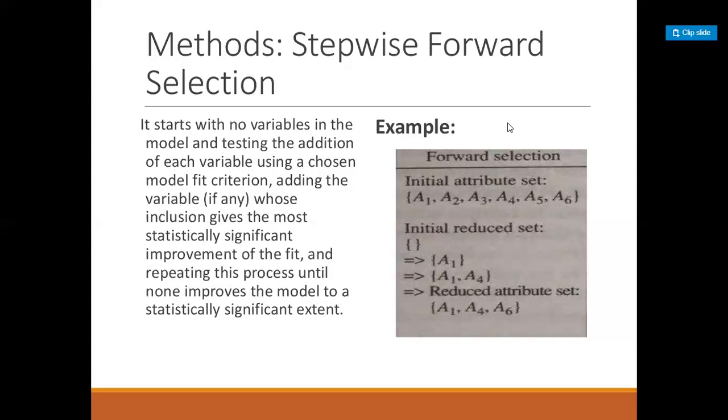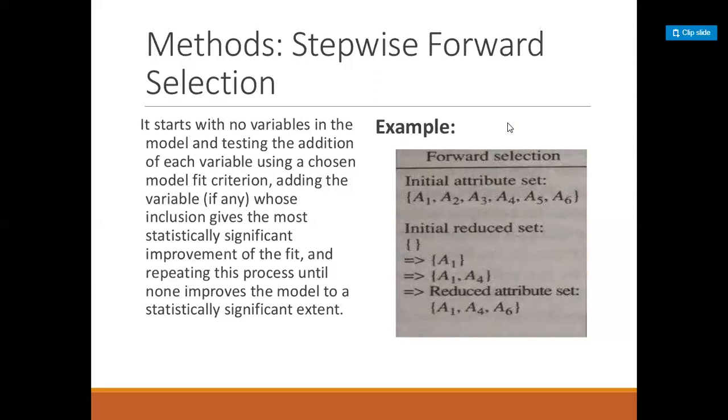Here in the set, there are 6 attributes: A1, A2, A3, A4, A5, A6. We start with the most prominent attribute A1, and then we check the results. If it's not satisfactory, then we add A4 to A1, and again validate whether it is the equivalent set or not.